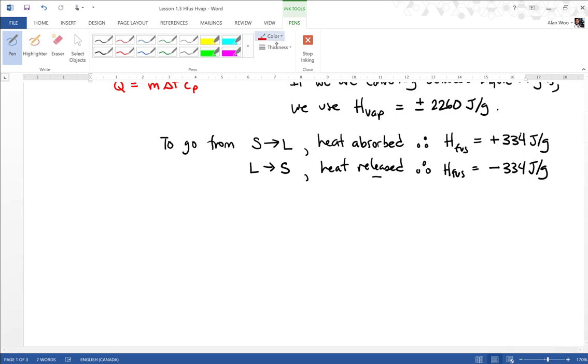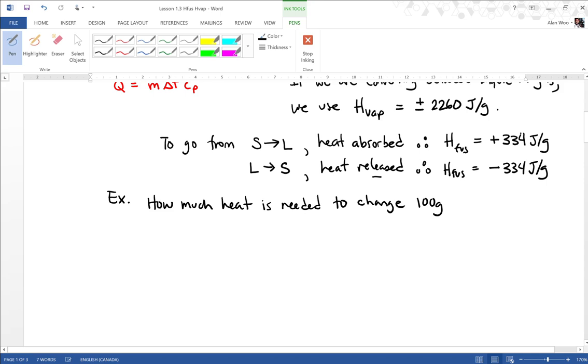So if we look at a calculation now, let's say, example: how much heat is needed to change 100 grams of ice into water?